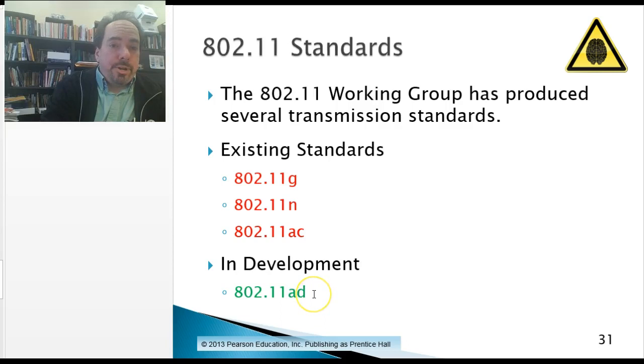There is a new one in development called AD, and they just have letters for the version numbers, if you will. If you're wondering where H, or I, or J, or M are, those were simply standards that weren't ratified. They weren't standardized, if you will. They went out as RFCs, but they were never approved. So that's why we skip a lot of letters.